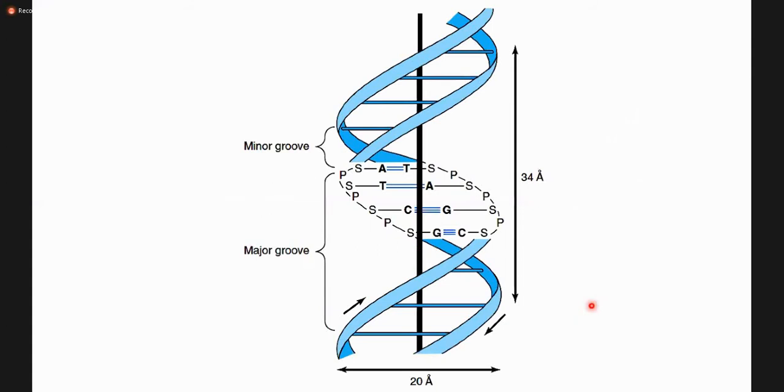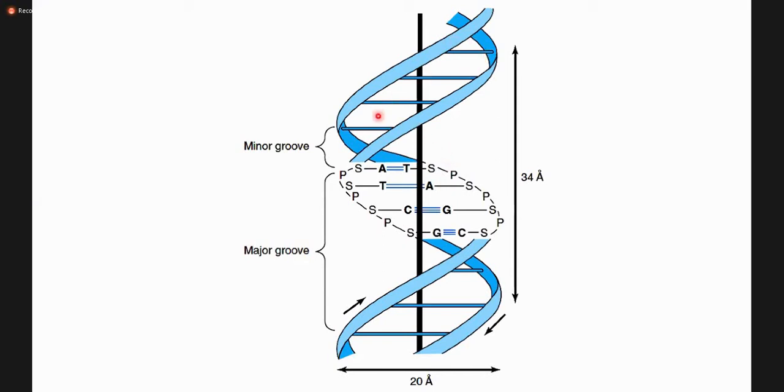As you can see in the diagrammatic representation, the vertical arrow and the horizontal arrow show the width of the DNA molecule. Approximately, the width of the DNA molecule is 20 angstroms, whereas the height of a complete 360 degree turn of a DNA molecule is 34 angstroms.